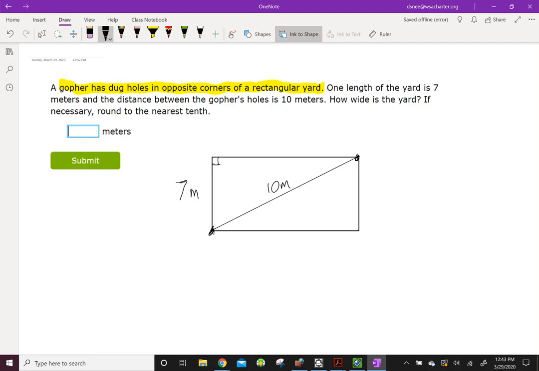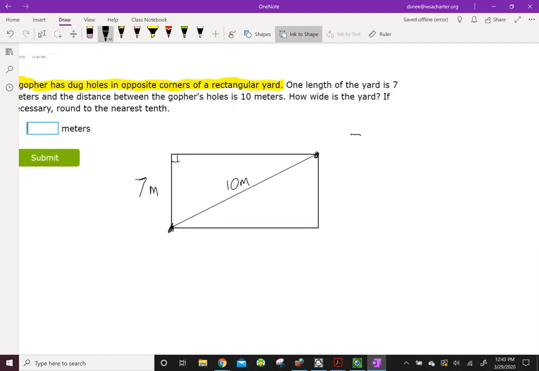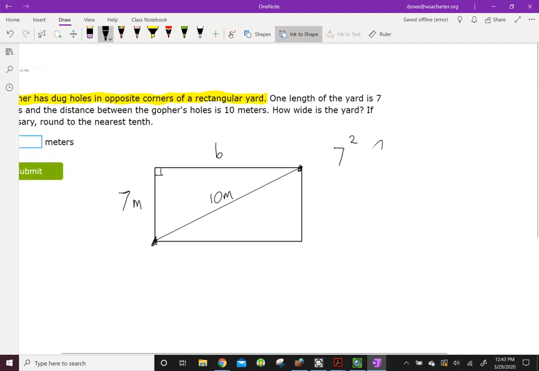So my hypotenuse is 10, so I'm looking at 7 squared plus b squared equals 10 squared.